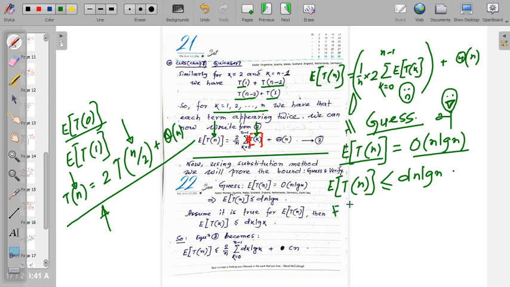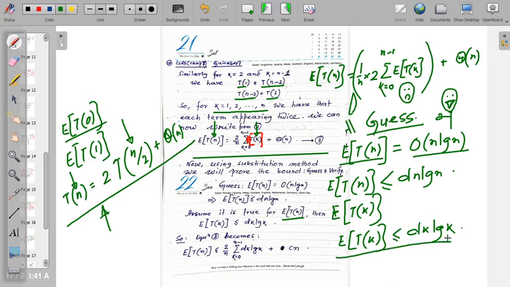So if this expectation of Tk is true, then we can write that expectation of Tk is less than or equal to d, instead of n we put k log k. We have assumed that this is true for some Tk. This is the proof by substitution method: we have to assume that it is true for some lower values of k.